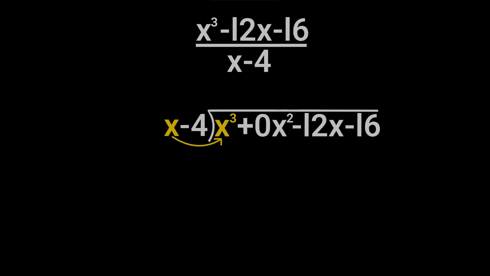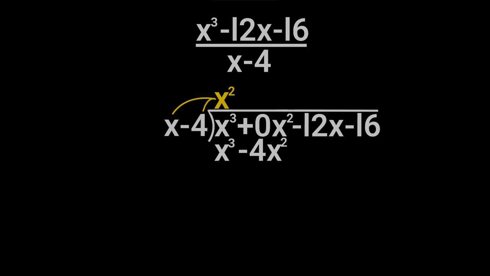We're gonna take the x to the third, and then we're gonna divide that by x, and then we got x squared. We're gonna take that x squared, we're gonna put on top of the division sign. Now once we have that, we're gonna multiply with the divisor. That will be x squared times x will be x to the third.